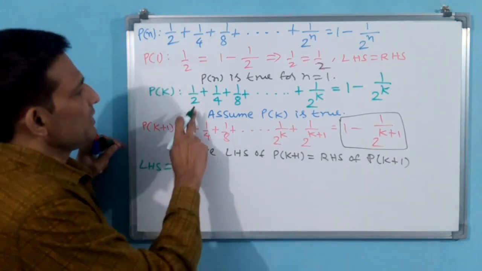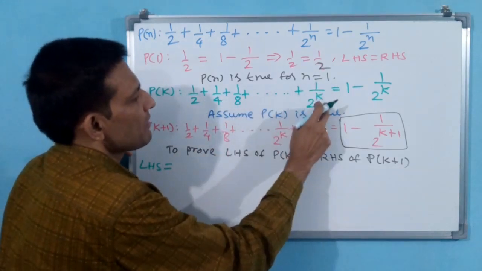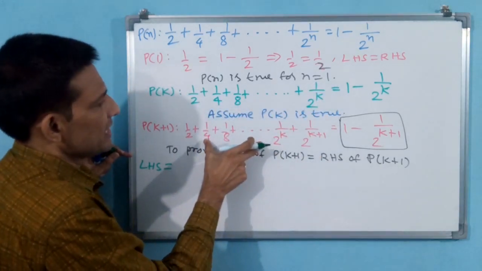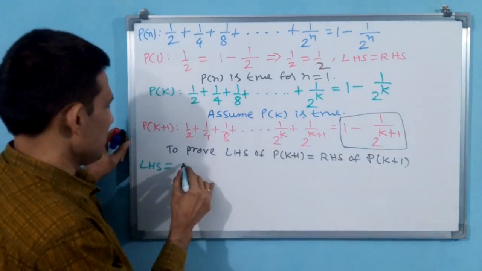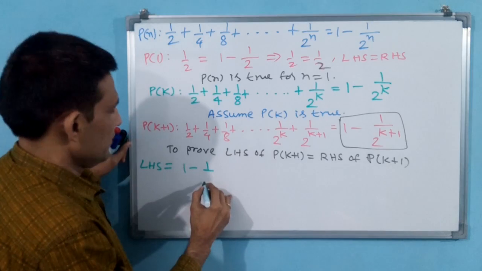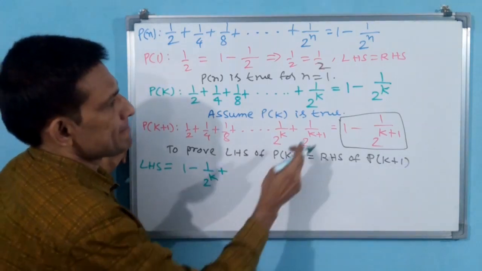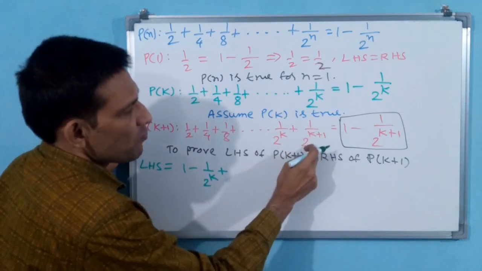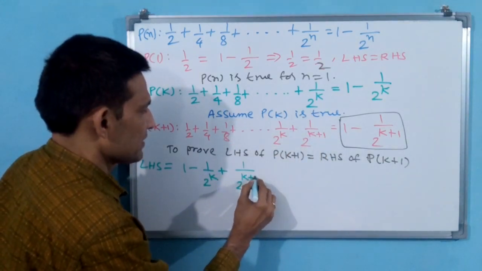So if you simply observe, 1 by 2 plus 1 by 4 plus 1 by 8 up to 1 by 2 power k is repeated here. This you can replace with 1 minus 1 by 2 power k, plus this additional 1 by 2 power k plus 1.